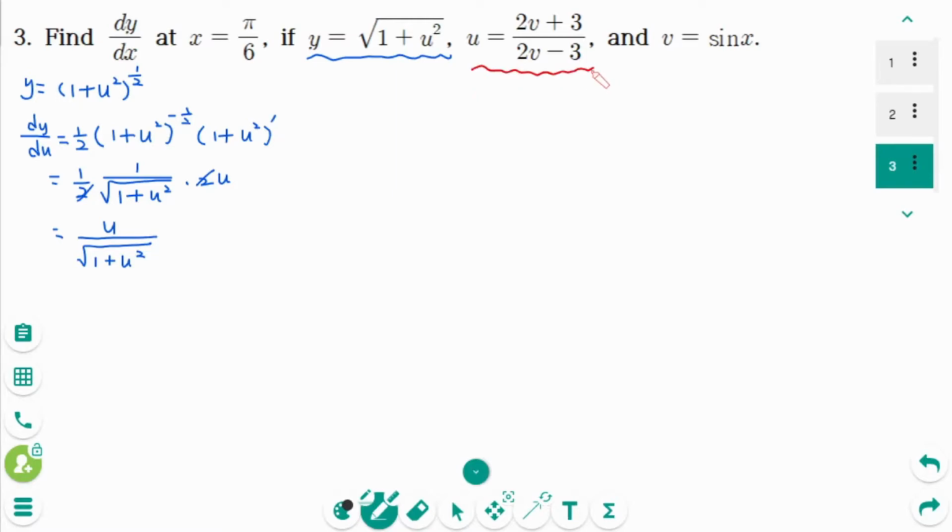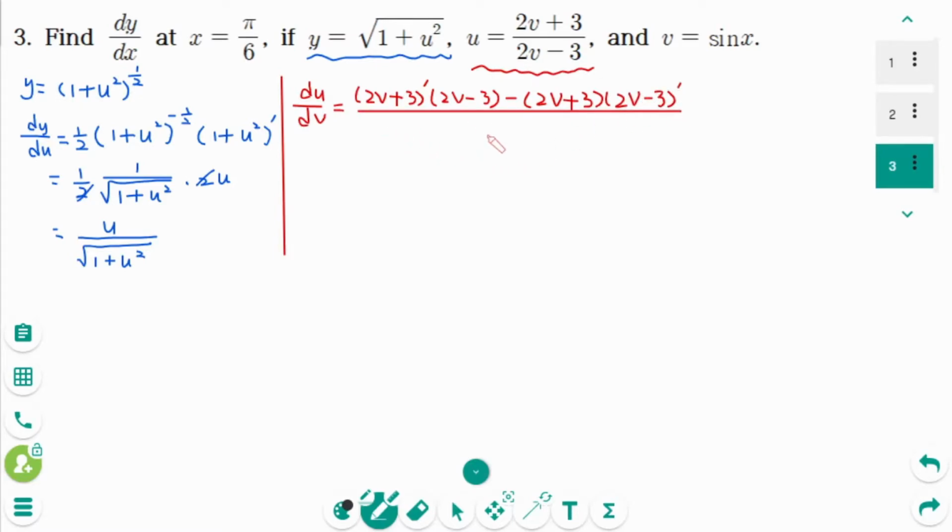u equals (2v plus 3) over (2v minus 3). Then du/dv equals, use the quotient rule, (2v plus 3) prime times (2v minus 3) minus (2v plus 3) times (2v minus 3) prime, over (2v minus 3) squared, which equals 2 times (2v minus 3) minus (2v plus 3) times 2 over (2v minus 3) squared.